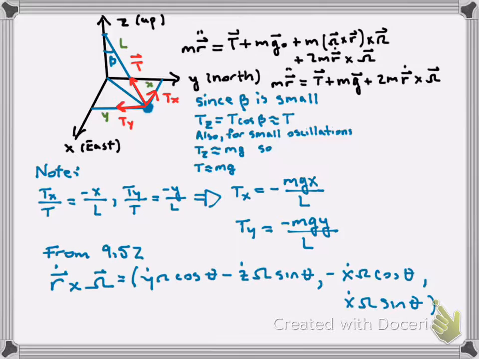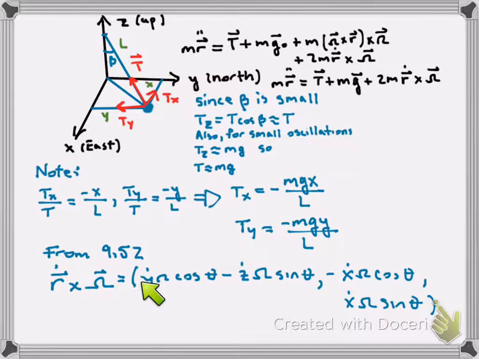So from equation 9.52 in Taylor, we evaluated r dot cross omega to be y dot omega cosine theta minus z dot omega sine theta for the x component, minus x dot omega cosine theta for the y component, and x dot omega sine theta for the z component, where x is east, y is north, and z is up.